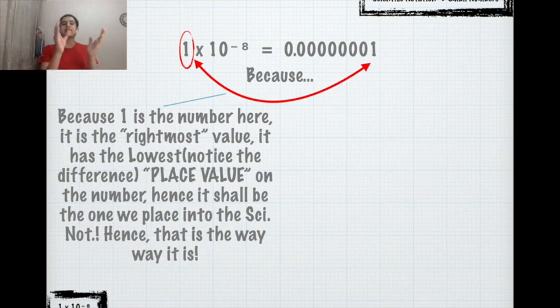So if you're changing this into a decimal value, that 1 is going to be the smallest number there. That A value is the smallest or the rightmost value in the number. That's only if the power is negative, of course. I hope you all knew that.